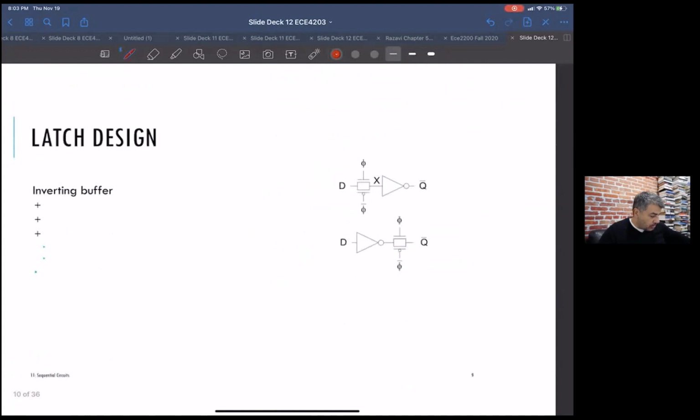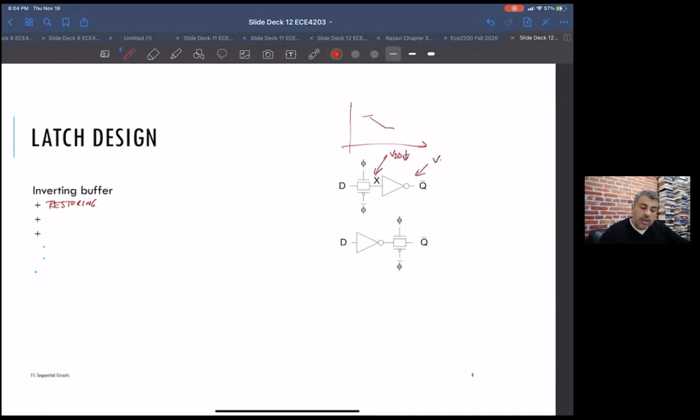So not great. Okay, so this is the next thing people came up with: they stuck an inverter after the pass transistor, or they put the inverter before. On the plus side, this is restoring. That means if this guy is busy drooping, until a certain point, this node will stay. Let's say this guy's drooping, so it's going from VDD down.